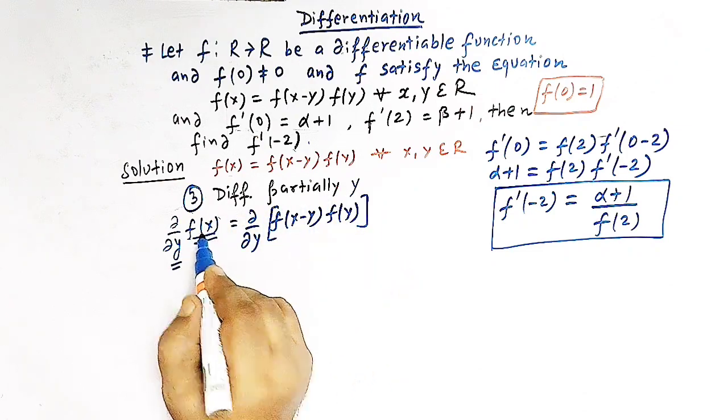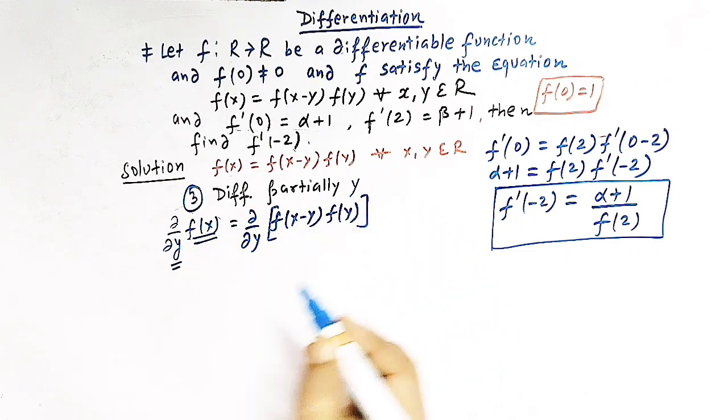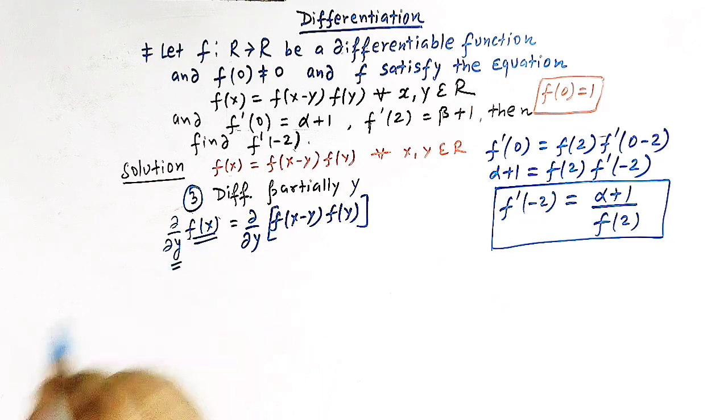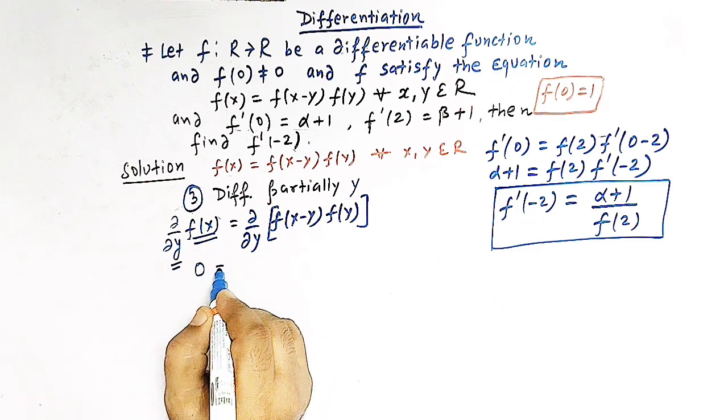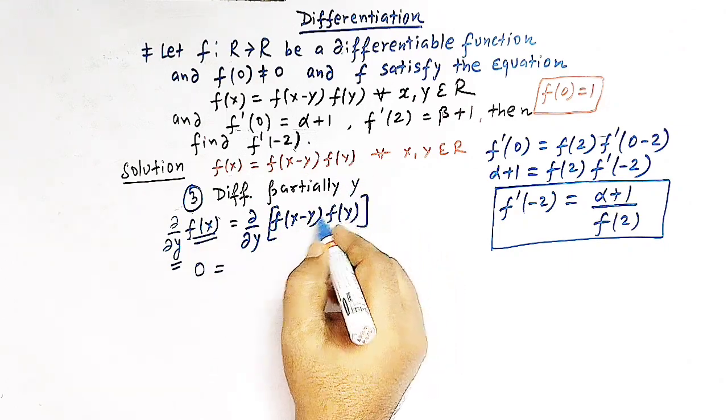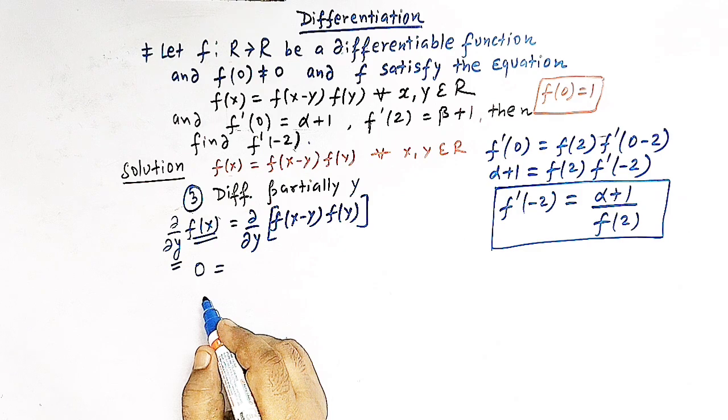So we are now taking x as a constant, right? So the derivative of f(x) with respect to y must be equal to 0, because when we differentiate partially with respect to y, x is treated as a constant.